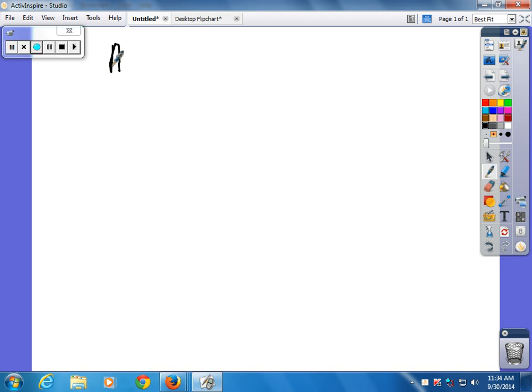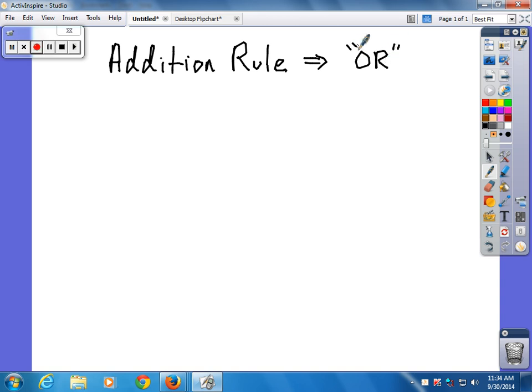The additive rule, or the addition rule. The addition rule is used whenever you see the word or in a question. Find the probability of this or this.